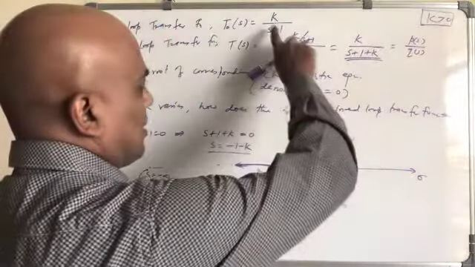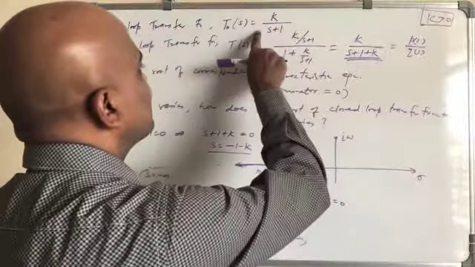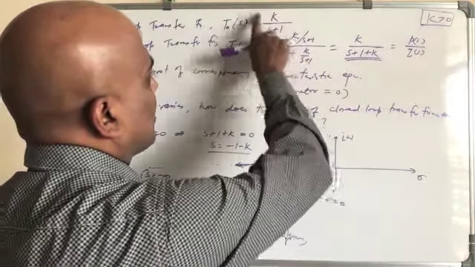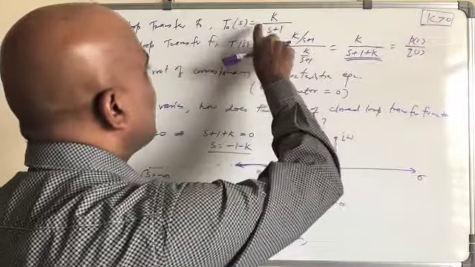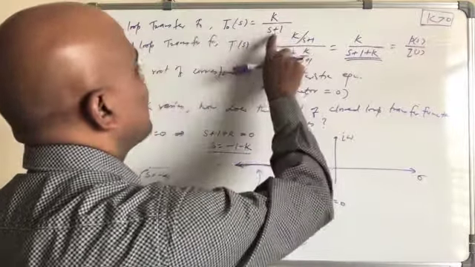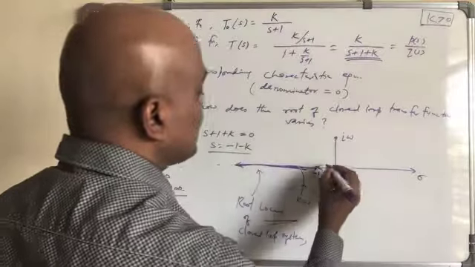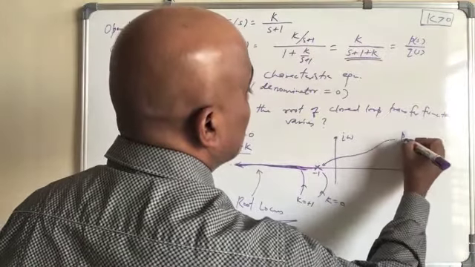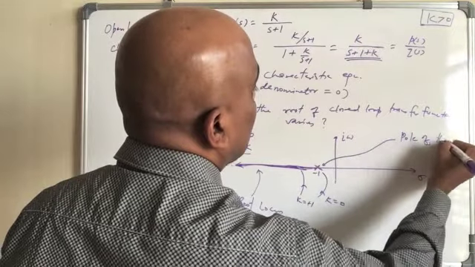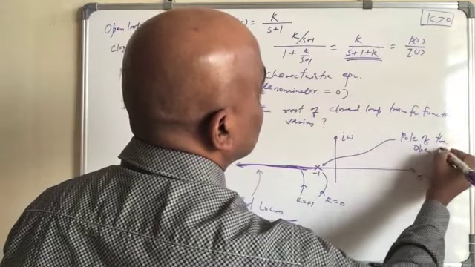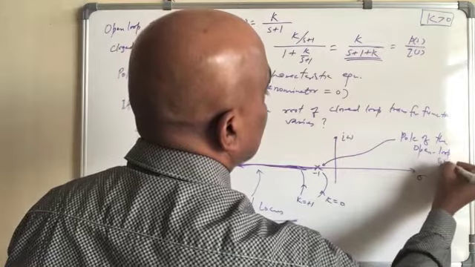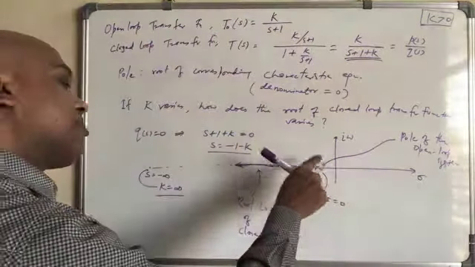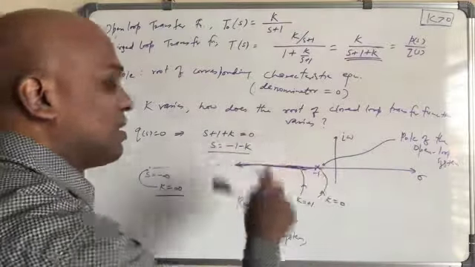However, just looking at the open loop system, s plus 1, the pole of the open loop system is at this point. This cross is also the pole of the open loop system, meaning that our root locus starts from the pole of the open loop system.